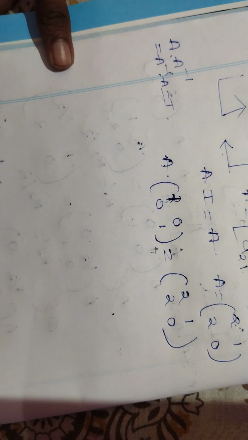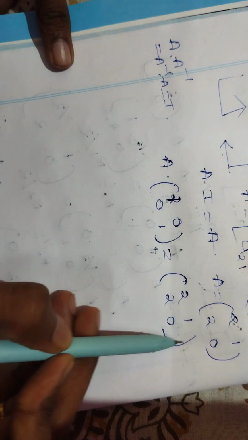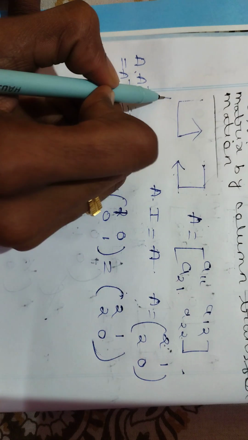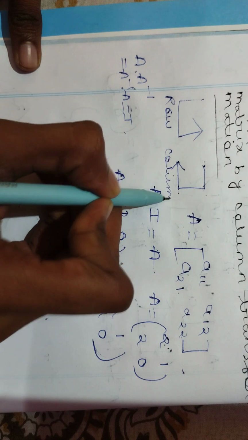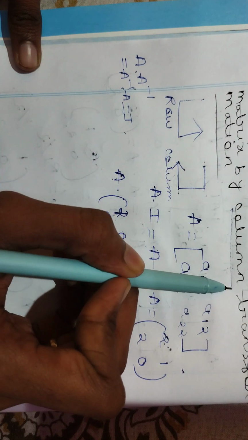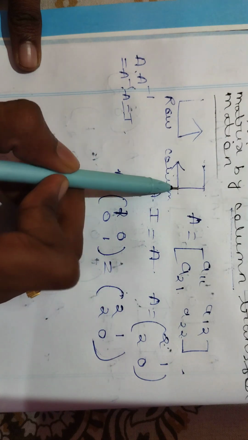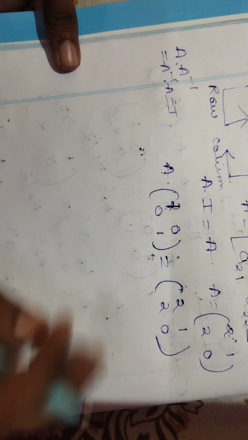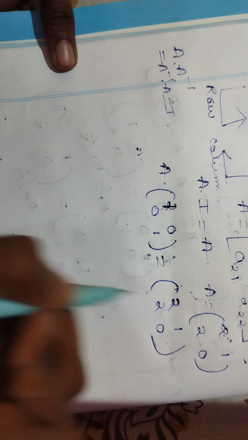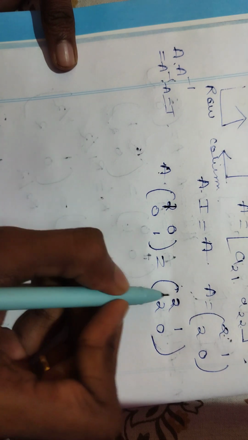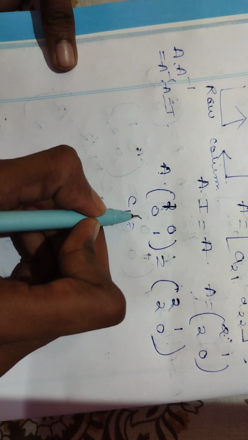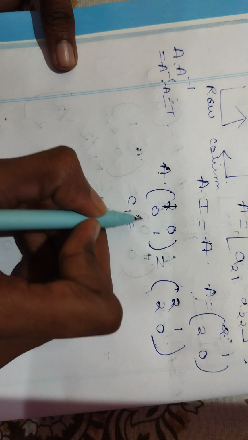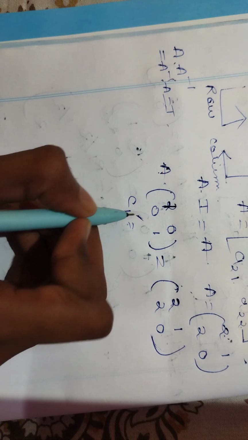So using column transformation, we will deal with this to make it the identity matrix. What is the trick? This way. It is used for row transformation, and it is used for column transformation. In this video, we will discuss column transformation. At first we need to make this element 1, in the first column. So column 1 dash, why am I writing this dash? Because this is the transformed column, the altered column.